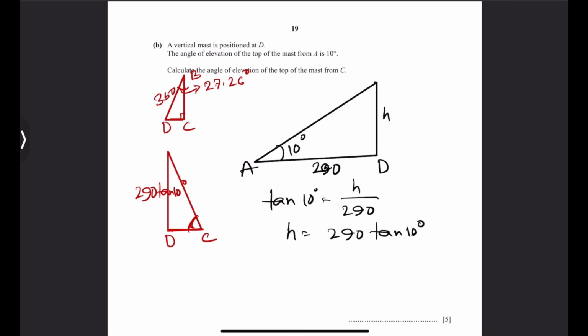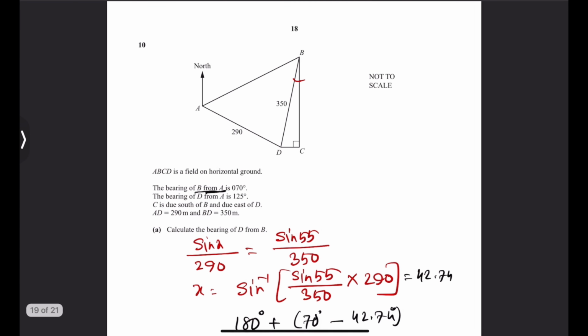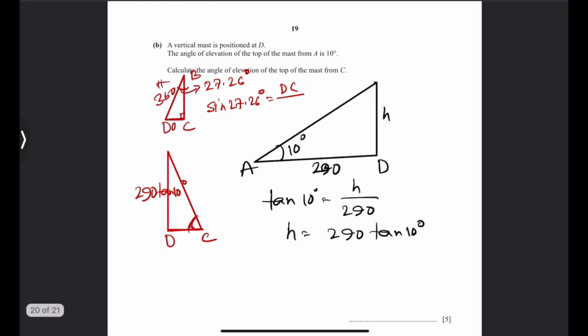To find this side, this is opposite, this is hypotenuse, so sine 27.26 degree equals DC by 350. So DC equals 350 sine 27.26. To find this angle, let me consider this as theta.